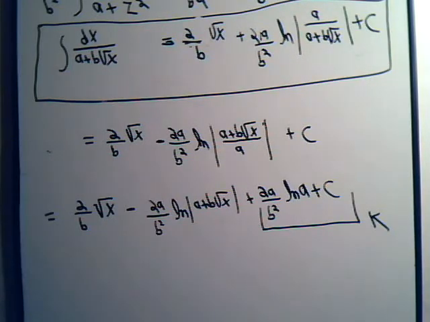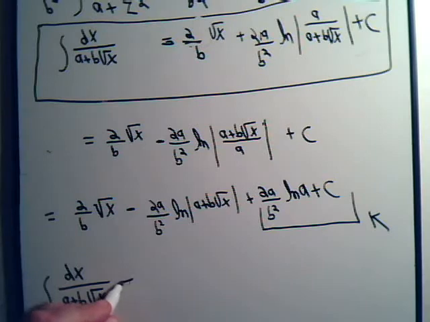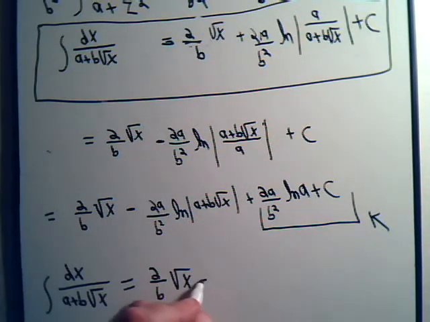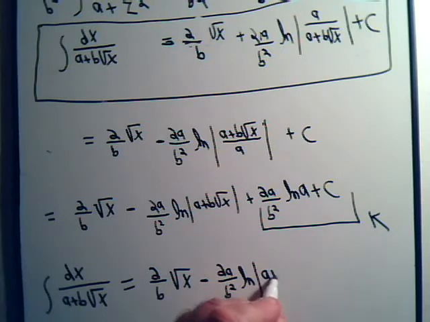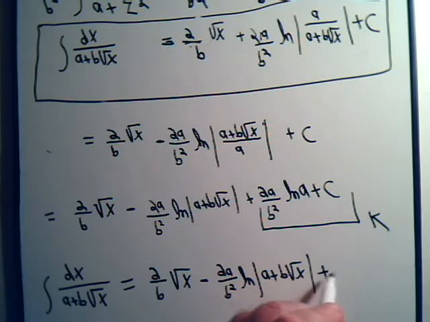So then finally we can say the integral of dx divided by a plus b times the square root of x equals this: 2 over b times the square root of x minus 2a over b squared, the natural log of a plus b times the square root of x, plus a constant.